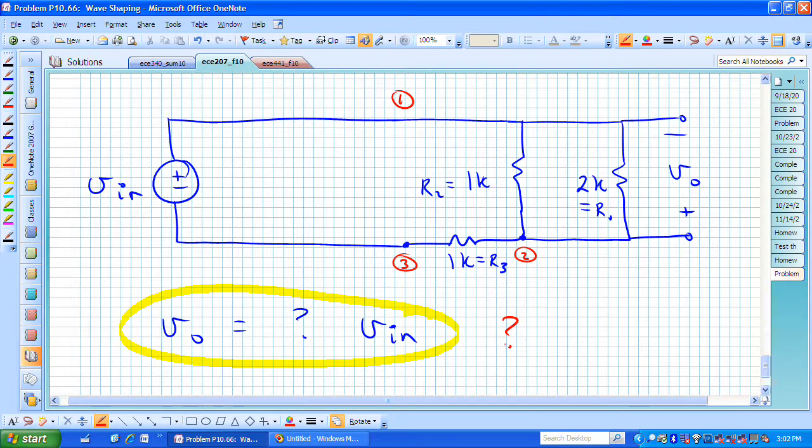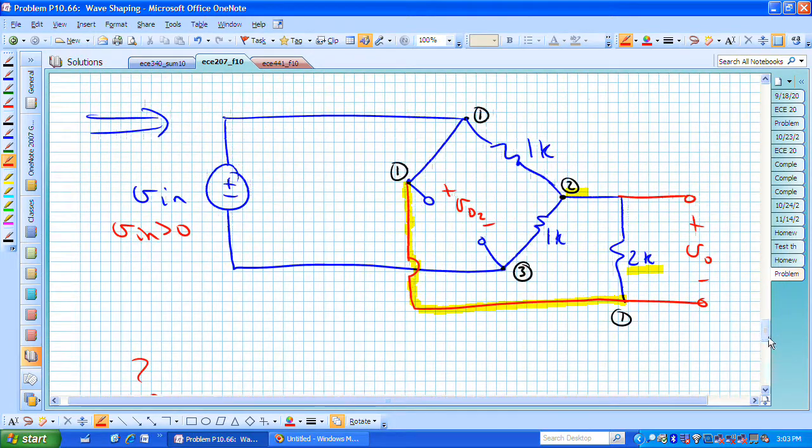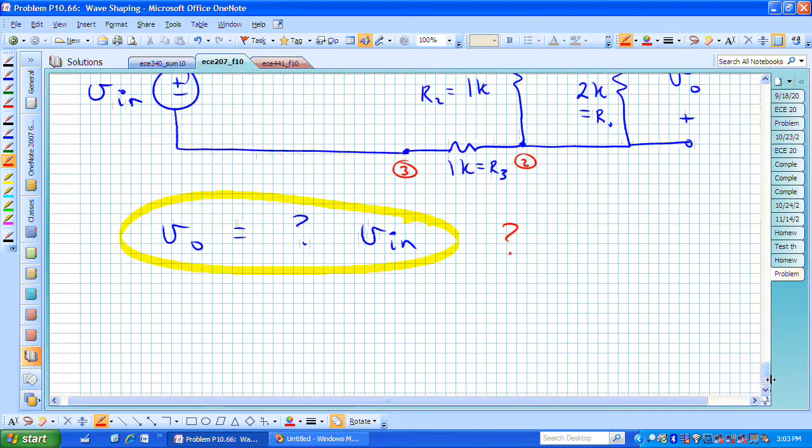We now need to do some circuit analysis, but what we might do is, well, let's not worry about whether diode 1 or diode 2 is on or off, but we can go back and try to find the polarity that was associated with diode 2, and we need that to be negative for it to be off, and that polarity was then plus to minus between nodes 1 and node 3.